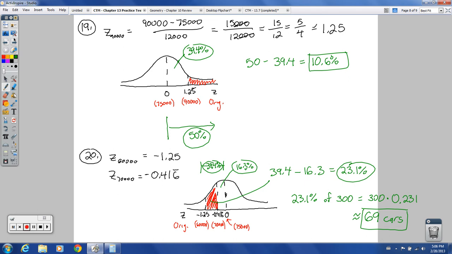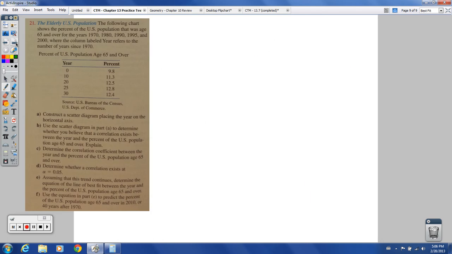Okay, one more, but it's going to be a long one. Alright, 21, it's got 6 parts to it. We're so close, yet so far away here. 21. The following chart, this is the elderly U.S. population.